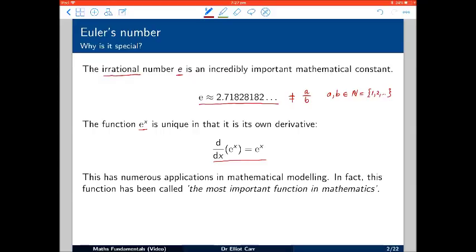Because of this property, e to the x pops up all over mathematics. It has numerous applications in mathematical modeling of physical processes, and because it appears throughout mathematics, it's often called the most important function in mathematics.